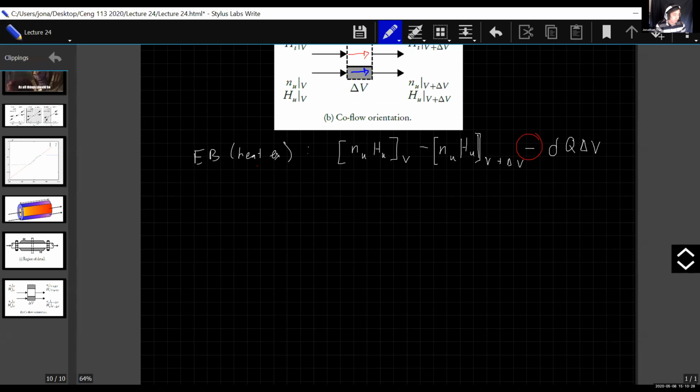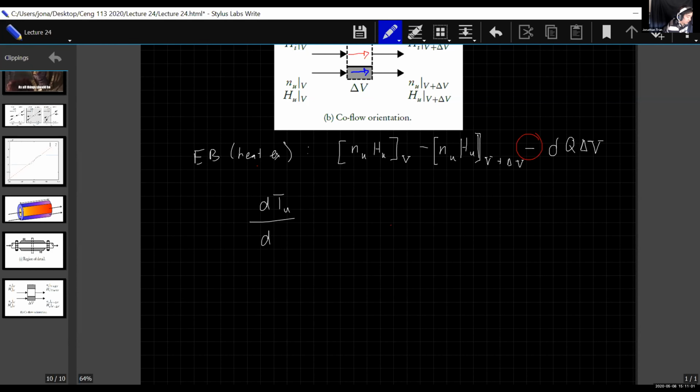And so from here, we can write this as a first order differential equation. Are those capital or lowercase v's? Sorry, capital. These are the inlet energies to our control volume. These are all volumes. I think I capped all of them. Okay.